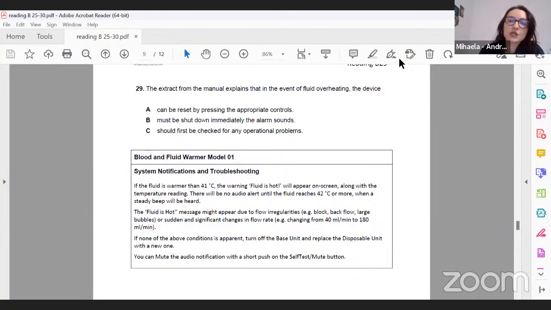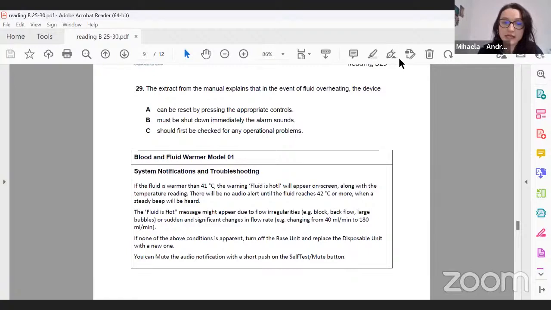Now, your text is about notifications and troubleshooting. Troubleshooting means that something doesn't work, or operational problems. So the entire text explains what to do if something doesn't work according to plan or doesn't work well, which would be troubleshooting. Right?